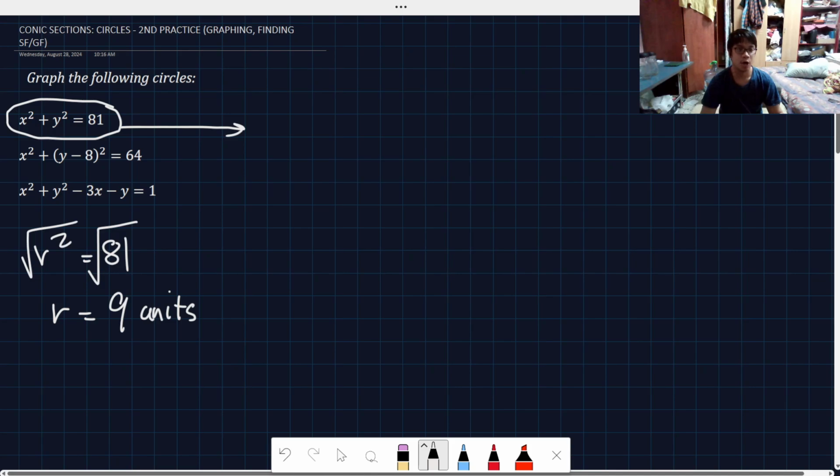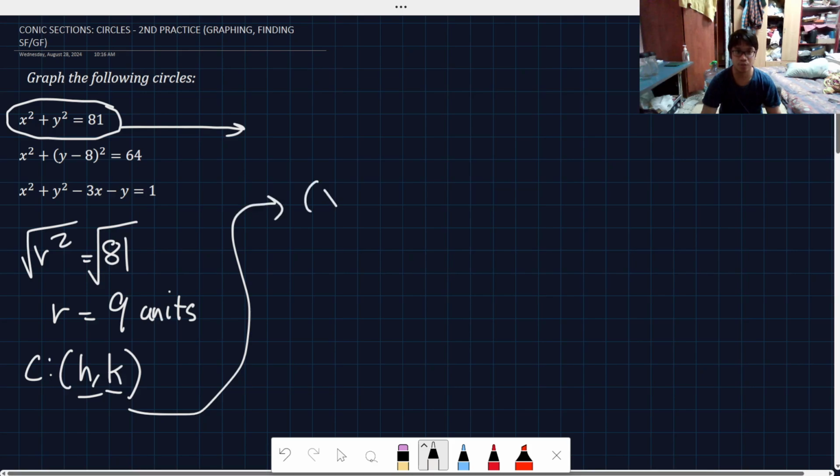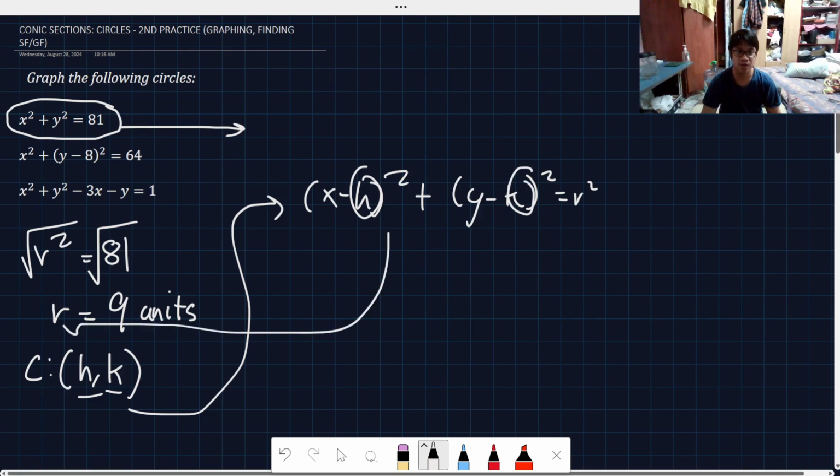Now, how about the center? If you're going to find the center, it would look like this, h and k. If you're asking where h and k are located, it is basically in the standard form. Let me rewrite it again, sorry, I actually erased it: the square of x minus h plus the square of y minus k. Whatever h and k are here, that would be the basis of your center.